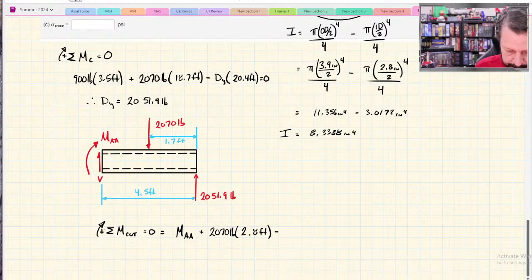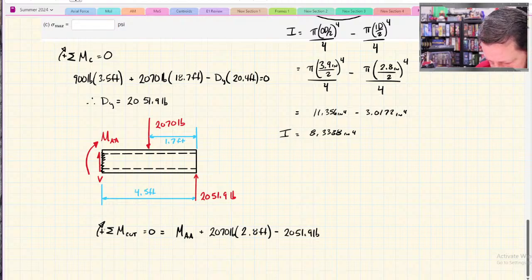Minus, because it's counterclockwise about the cut, 2051.9 pounds times 4.5 feet. So we should be able to solve for the moment on section AA.